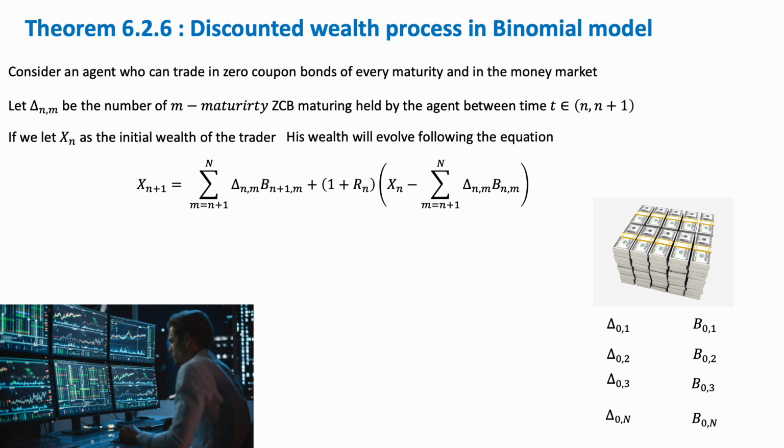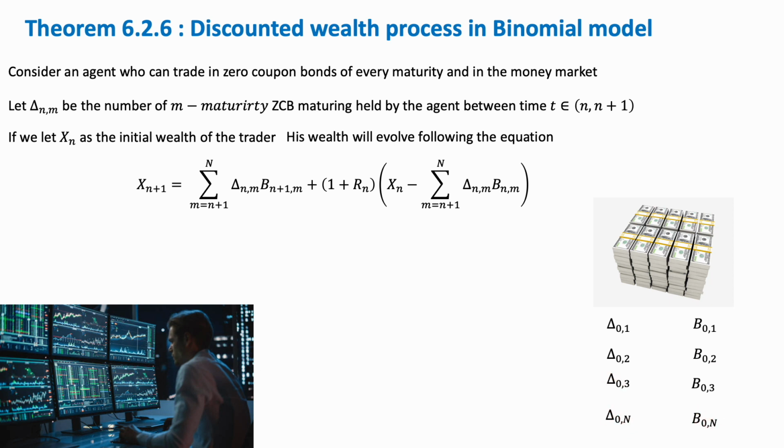So the trader at the beginning has this much pile of cash, right? And from this pile of cash, he can decide to buy some of these bonds. So maybe if he buys some shares of B1, that means he's taking this cash and then subtracting Delta 1 shares times B01. And then maybe he's going to buy also Delta 2 shares of B02, maybe he's buying Delta n shares of B0n.